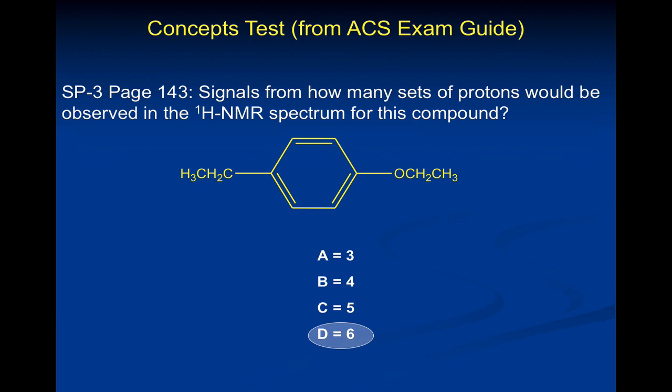We're going to have a doublet and a doublet. One's going to be further upfield than the other. We're not going to get into why that is at the moment, but okay, so this is going to be one signal, and this is going to be one signal. This hydrogen has one neighbor, so it's going to appear as a doublet.